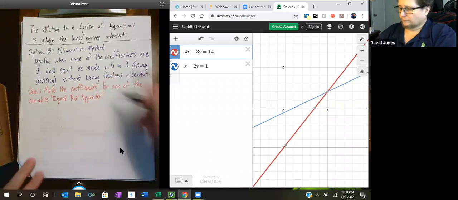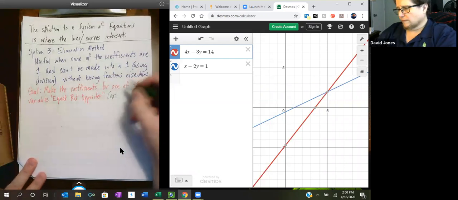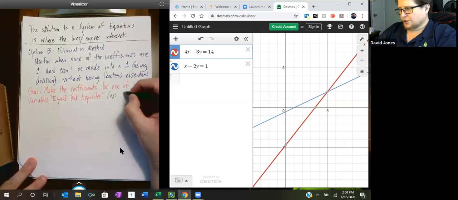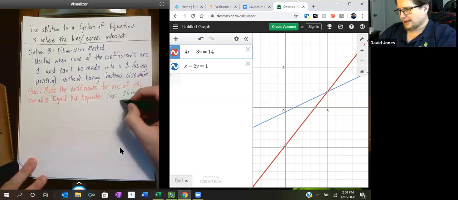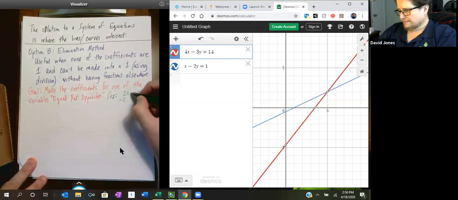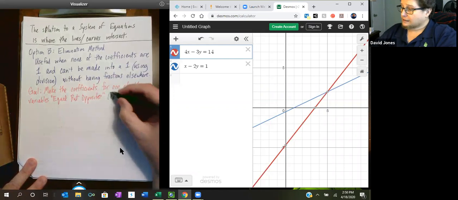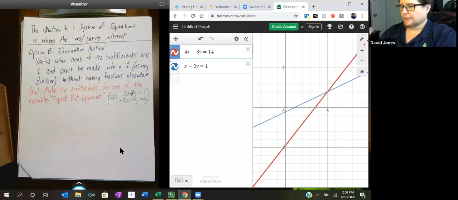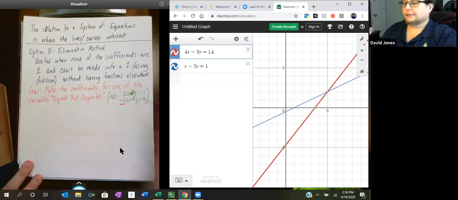For example, 2x plus 3y, let's do that. Negative 2x plus 4y equals 6. These coefficients are equal but opposite.